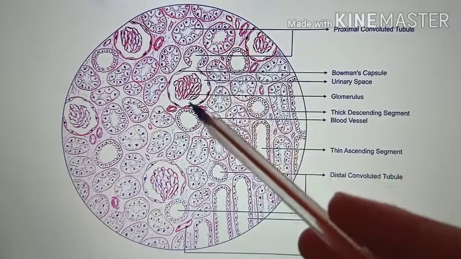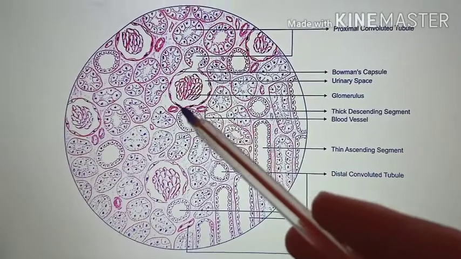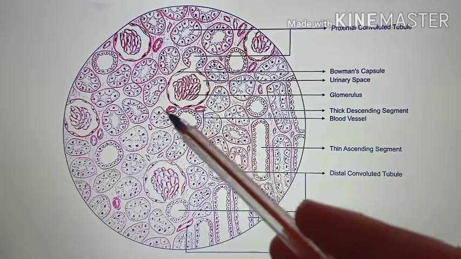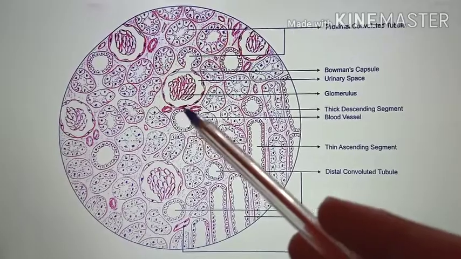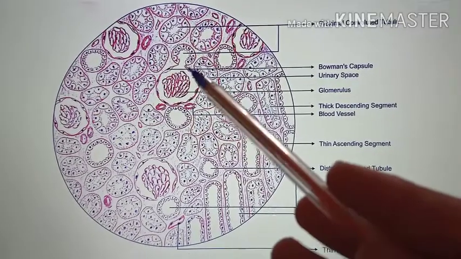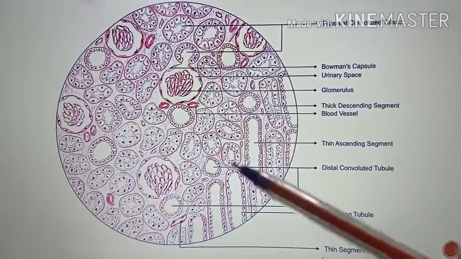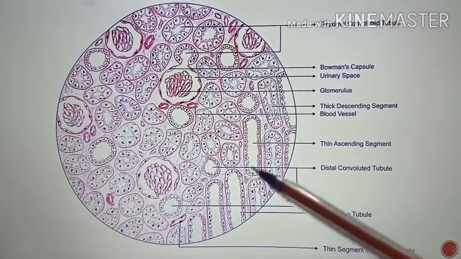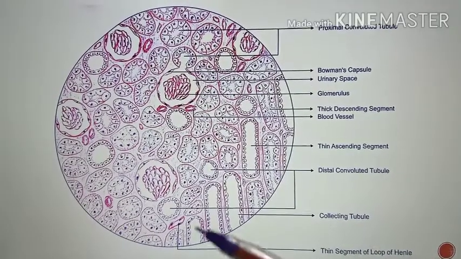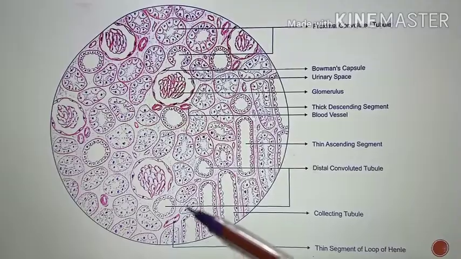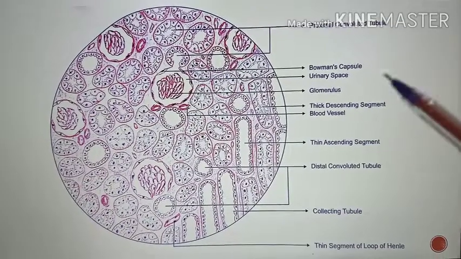This is the glomerulus, this is the Bowman's capsule. Here you have the afferent as well as the efferent arteriole. This is called the vascular pole. Opposite to it is the urinary pole. All these are the collecting ducts as well as the tubules. Then the very thin loop of Henle. This is how you are supposed to draw it in your record.